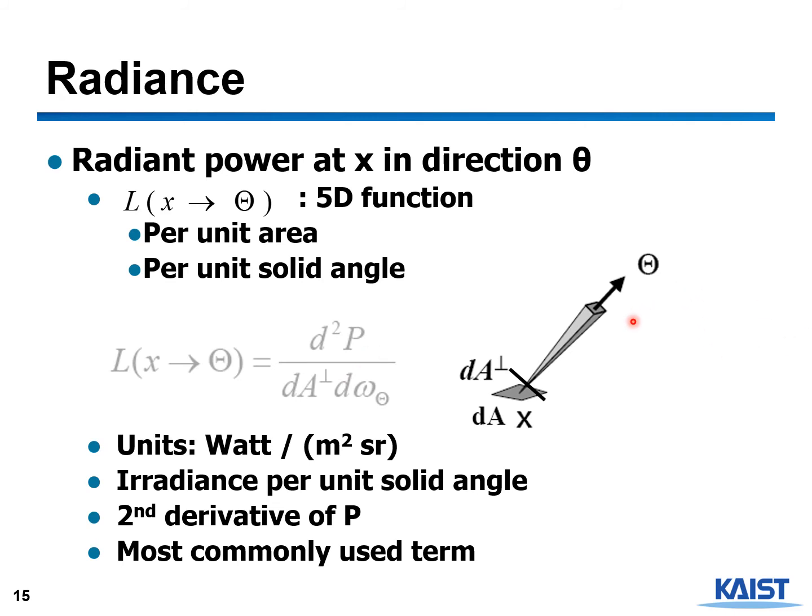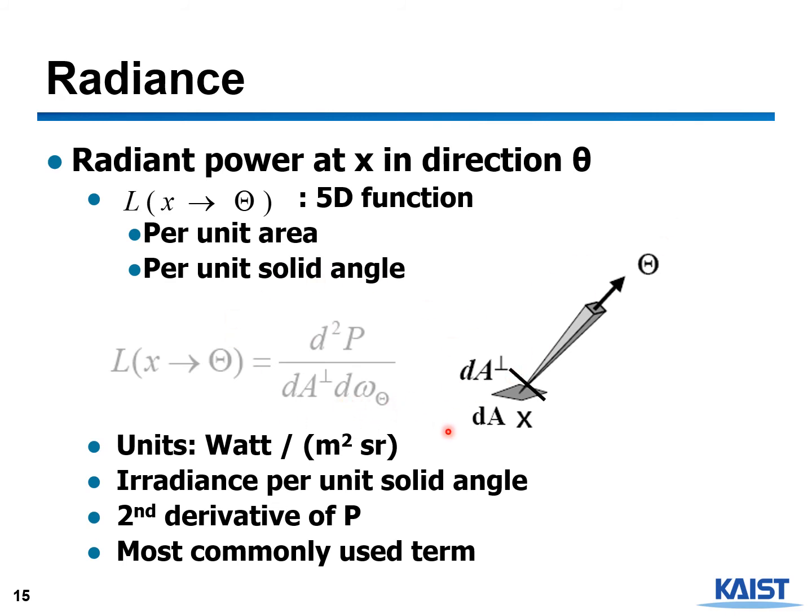Suppose that we are getting this energy from that particular direction here. Then on that slanted area dA, the radiance is measured under this orthogonal space, so we can virtually think of it as an orthogonal area, dA orthogonal, per unit area orthogonal to that direction, and also per unit solid angle.